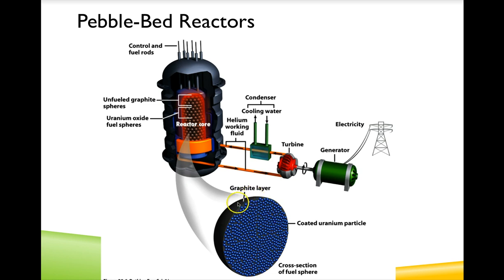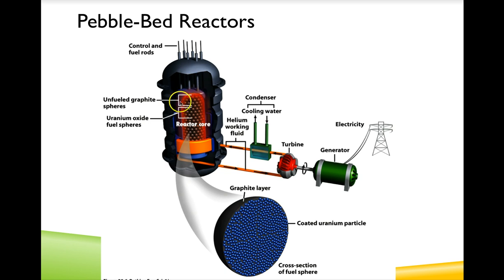The graphite serves to absorb neutrons, which will slow down the reaction, and it also protects the uranium from exposure to water, which would prevent water from carrying radioactive material away from this reactor.